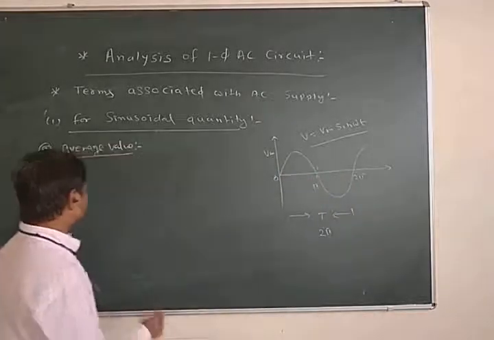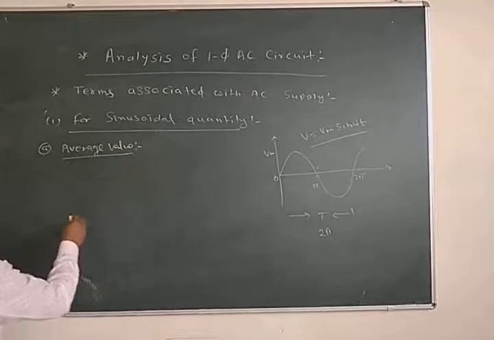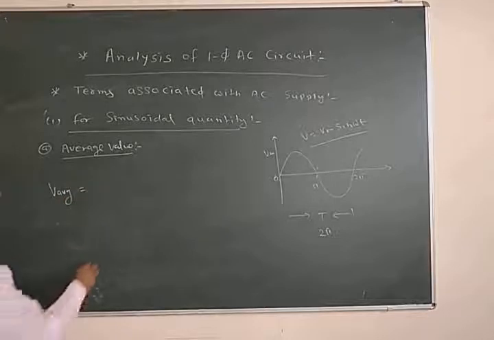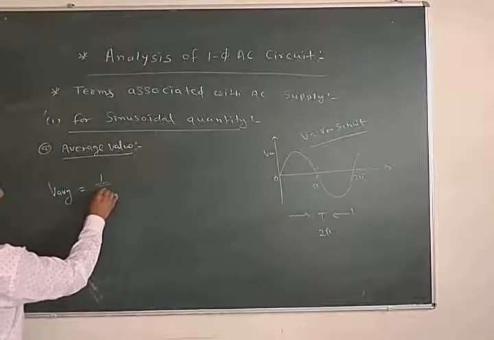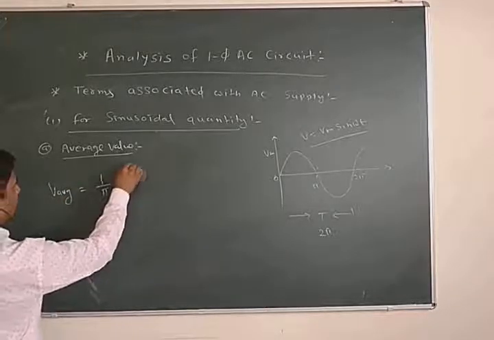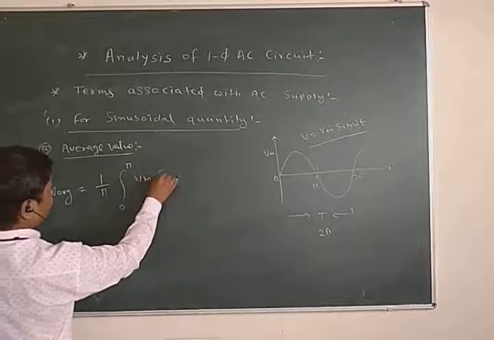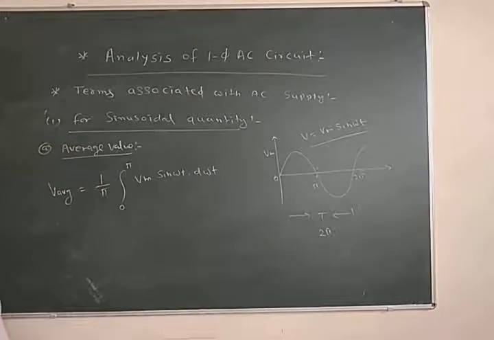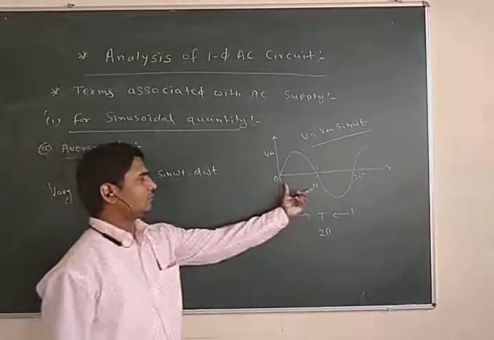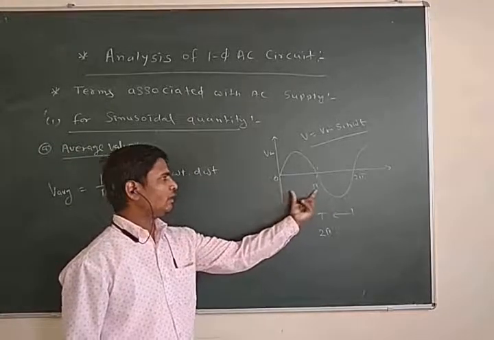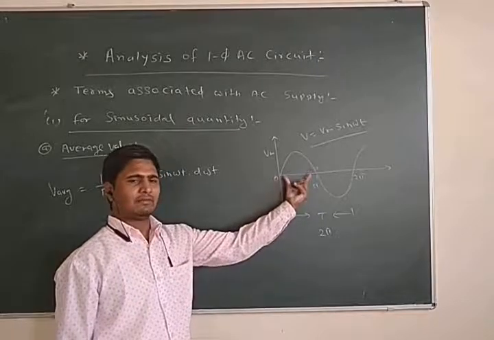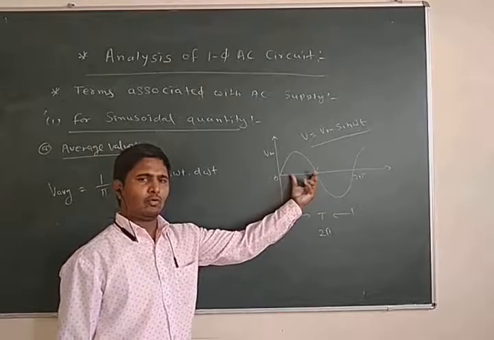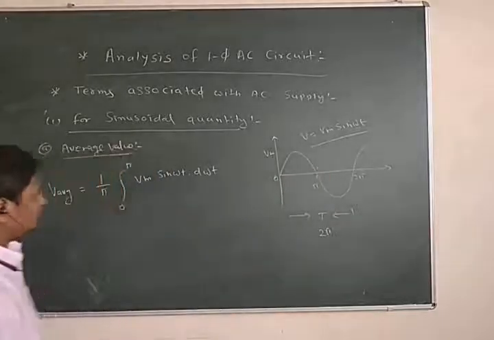So for first half section, average value is V average equal to 1 upon pi integral 0 to pi Vm sin omega t d omega t. We take half section from 0 to pi and we find average of this half section, which is the average value for all the section of the wave shape.